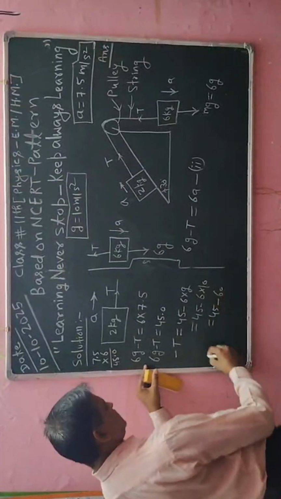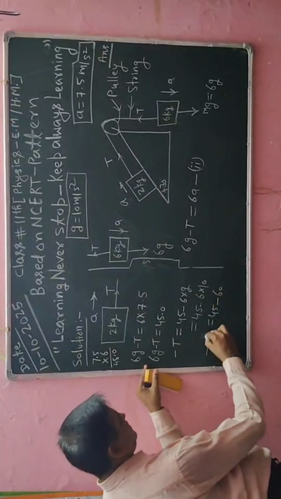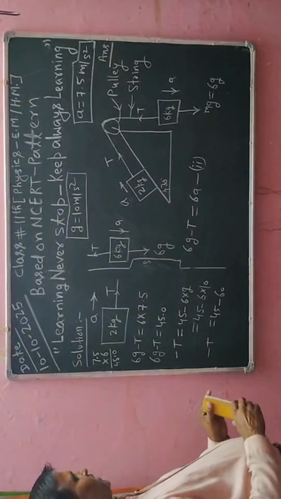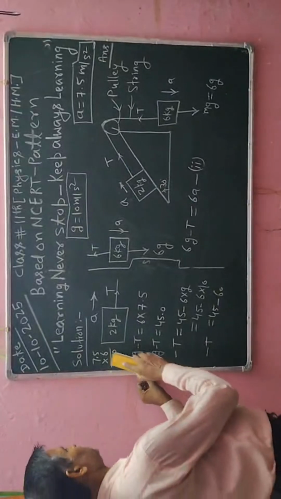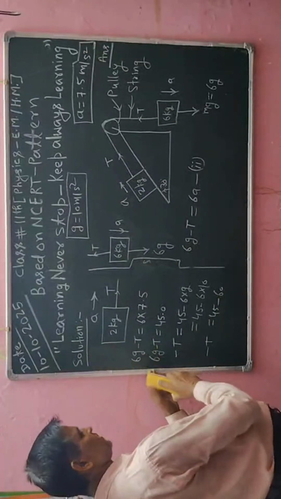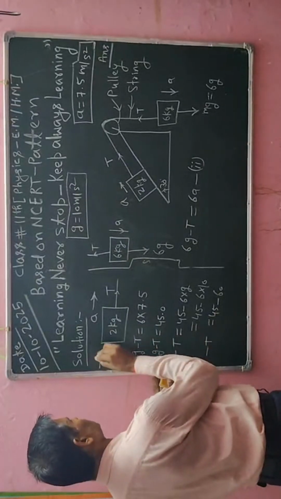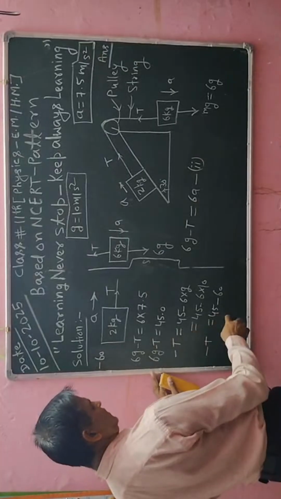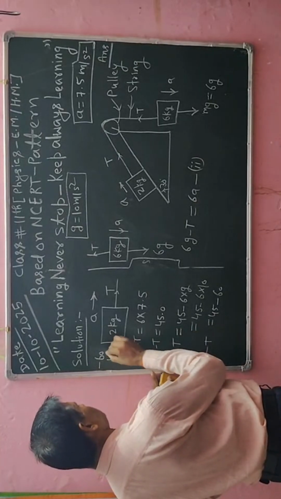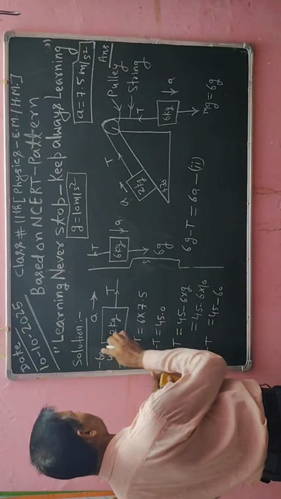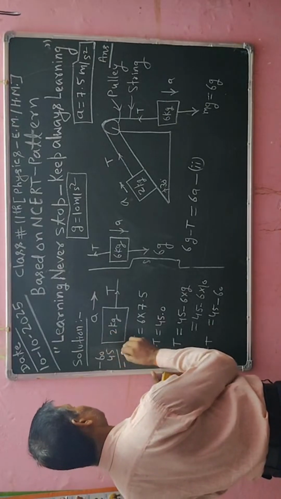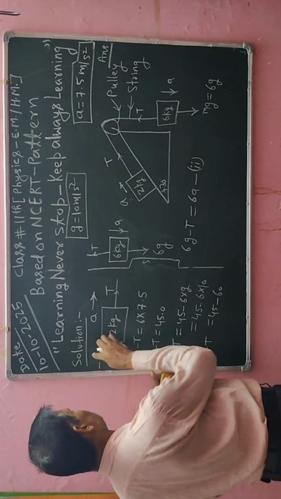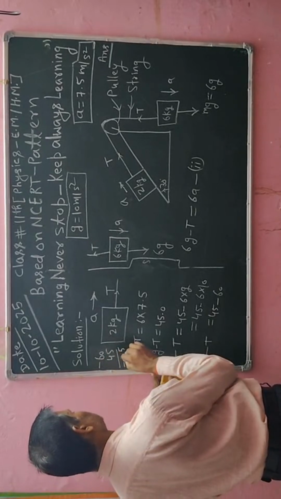So I will subtract. In the left hand side I have to write minus t which is equal to that much. So again I will subtract 60 from 45. So here I will write minus sign, 10 minus 5, that is 5, here will be 5, and 5 minus 4, that will be 1.